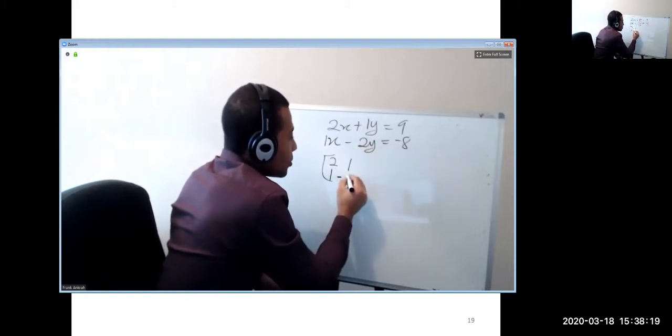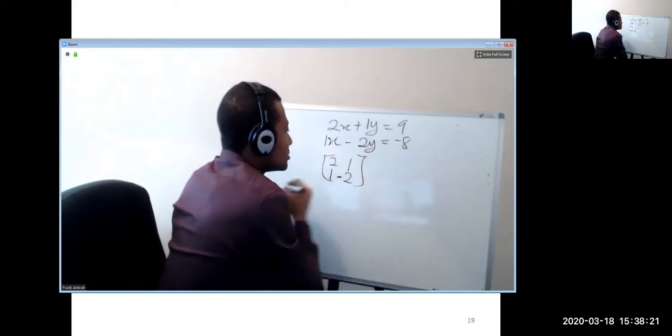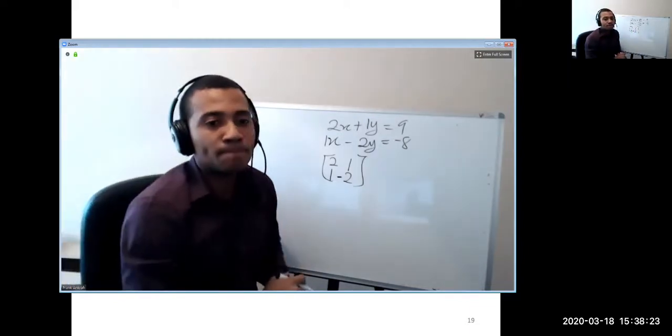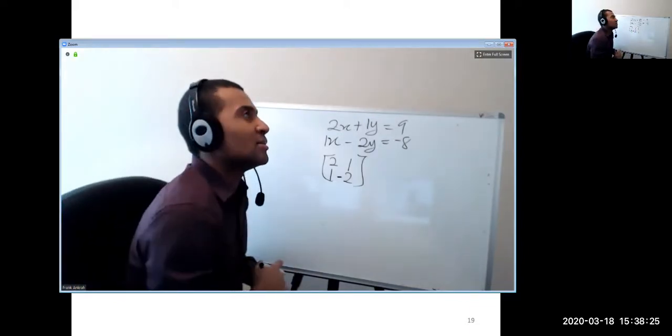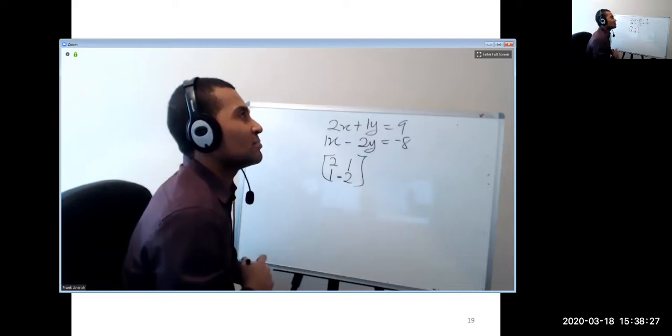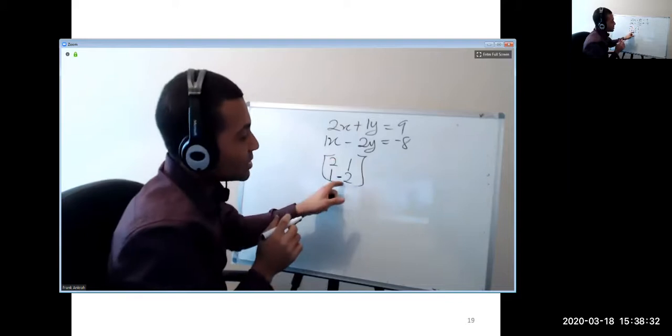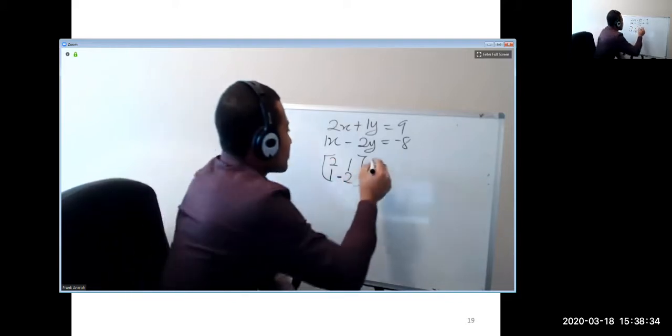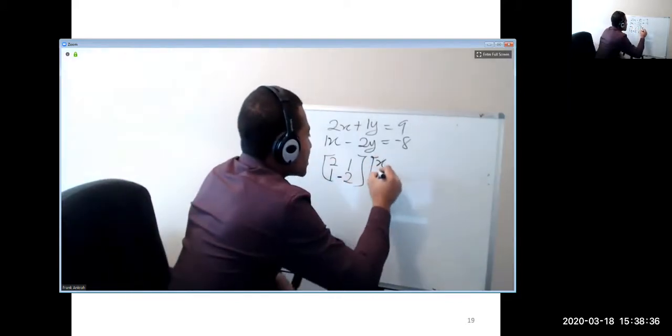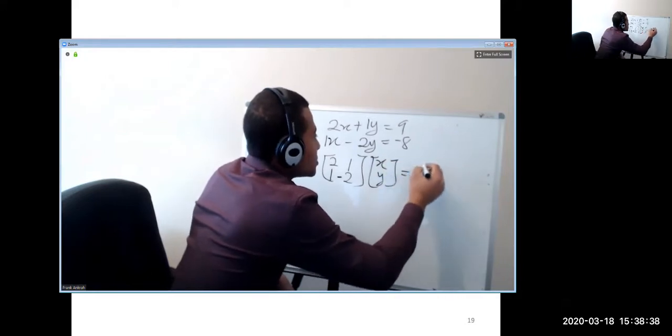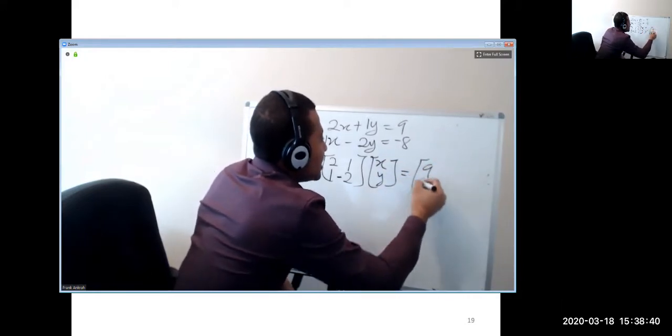Do not ignore the arithmetic symbols. If it's a plus, you don't write anything, but if it's a minus, make sure you indicate it. That leaves me with xy, which is equal to 9, minus 8.